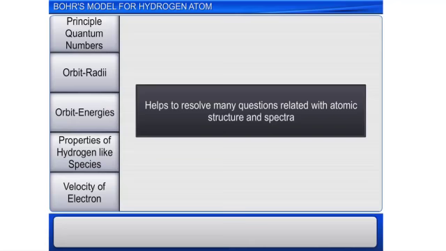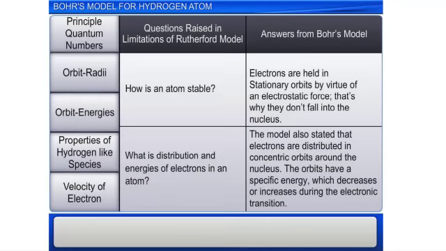Although Bohr's theory is not based on the modern quantum mechanics, it helps to resolve many questions related with atomic structure and spectra. For example, it provides explanation for main limitation of Rutherford's model, the stability of an atom. According to Bohr's model, electrons are held in stationary orbits by virtue of an electrostatic force.